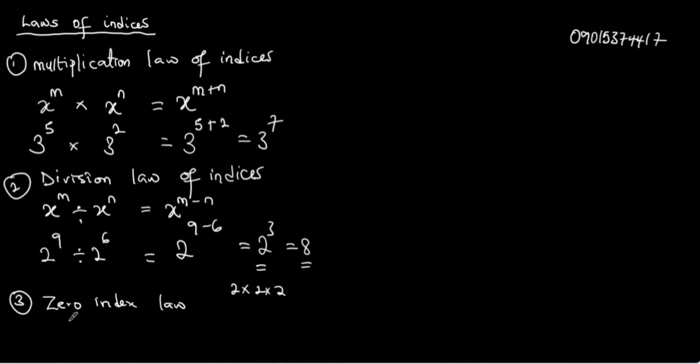So it states that given any base, say a for example, that is raised to the power 0, the result always is the unity, which is 1. So if I have any base raised to power 0, the result is 1. Example, if I have 8 raised to power 0, the result is equal to 1.